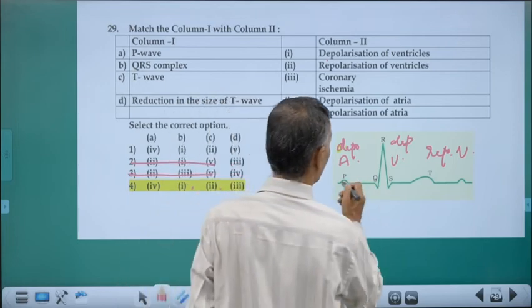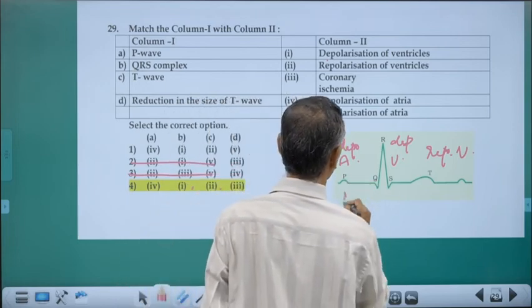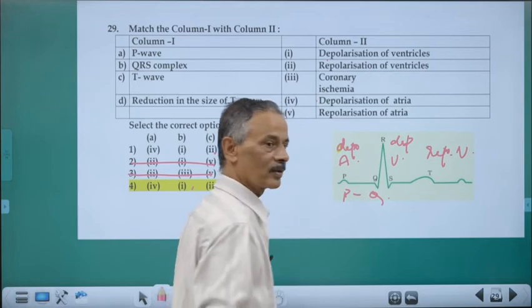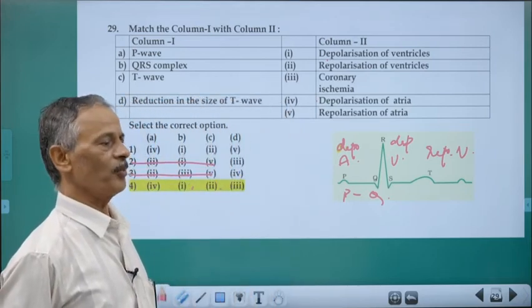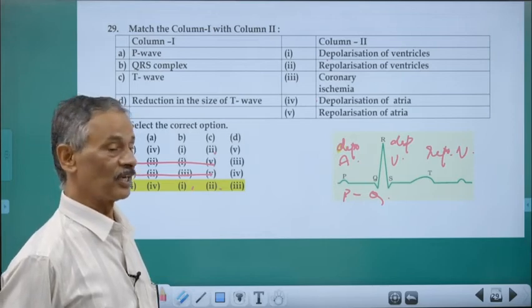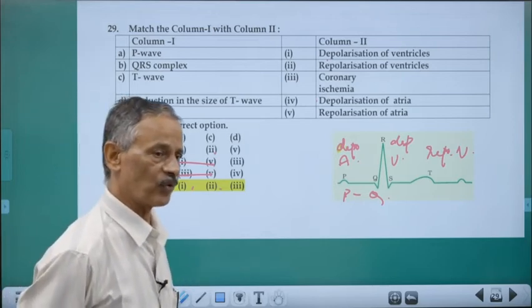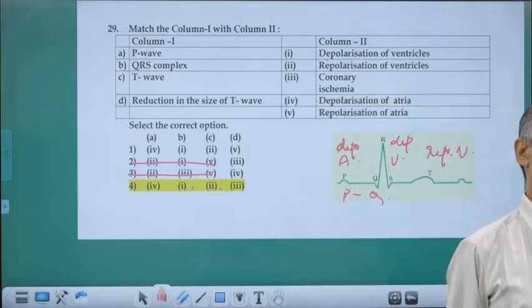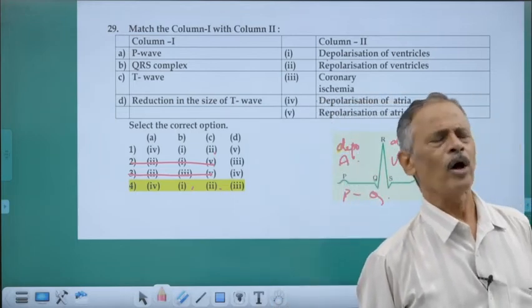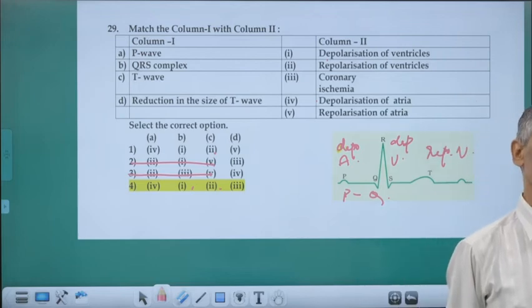This interval is called the PQ interval. The PQ interval may be changed. It may be increased because of an inflammation on the atrial wall or inflammation in the AV node. Or the man may be suffering from a heart attack or rheumatic fever.